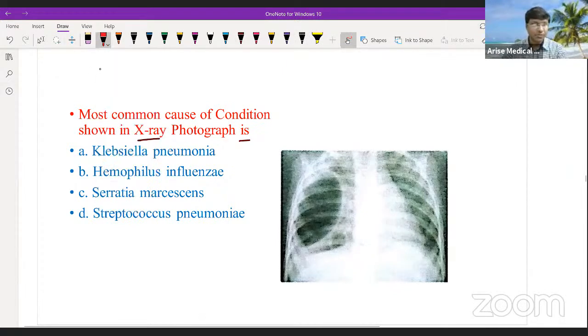Who will be the first person to answer this question? And first of all, you should be able to crack the diagnosis of this chest X-ray.